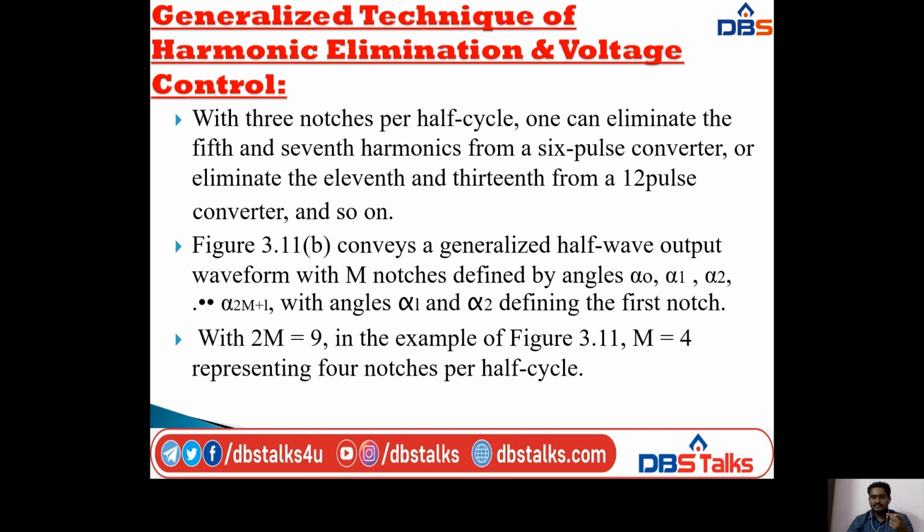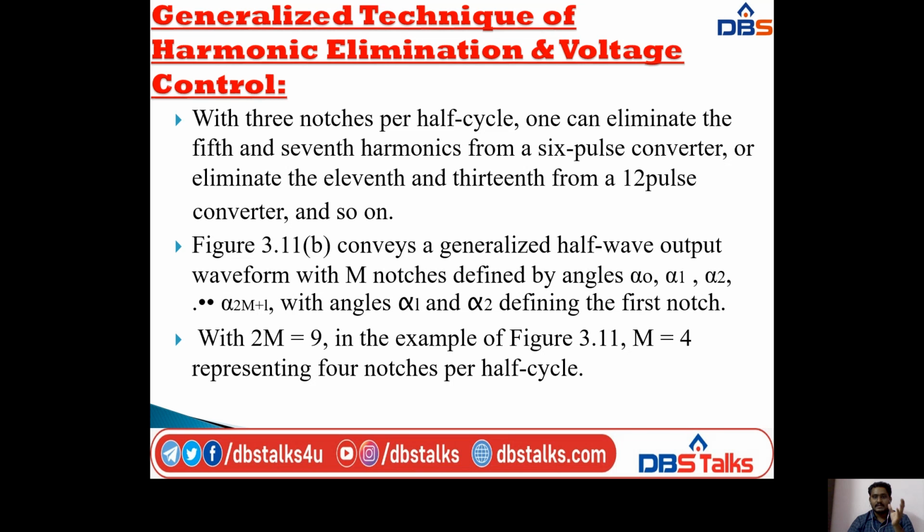I already said that figure 3.11, previously I showed the PWM converter waveforms. By using this, the diagram conveys a generalized half-wave output waveform with m notches defined by angles alpha naught, alpha 1, alpha 2 and so on, alpha 2m plus 1.